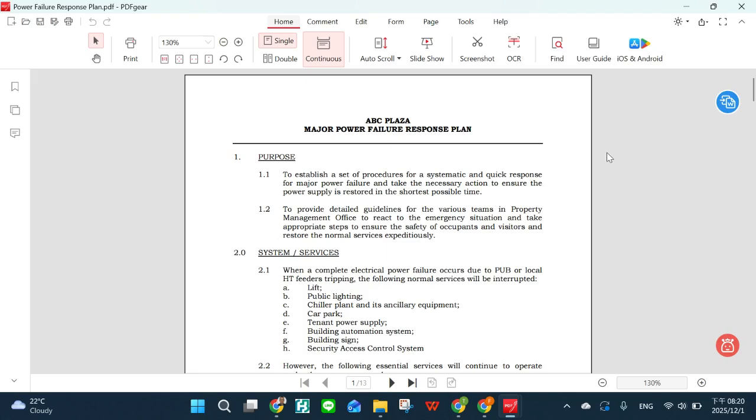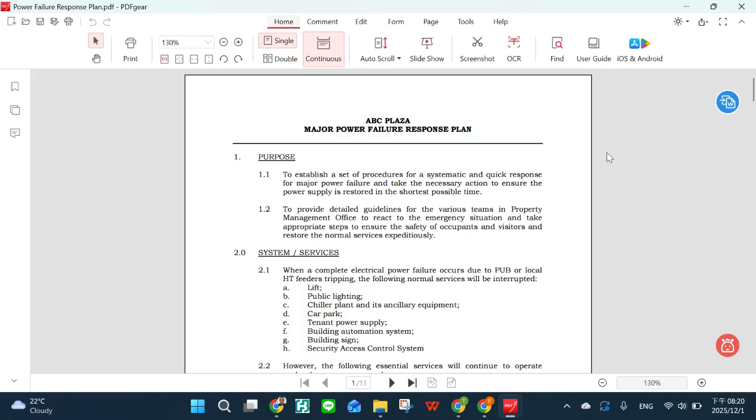And if, touch wood, you have a power failure, we are probably able to restore within half a day, max half a day, or 2 hours, unless you don't have spare parts. There are many ways to go around it.